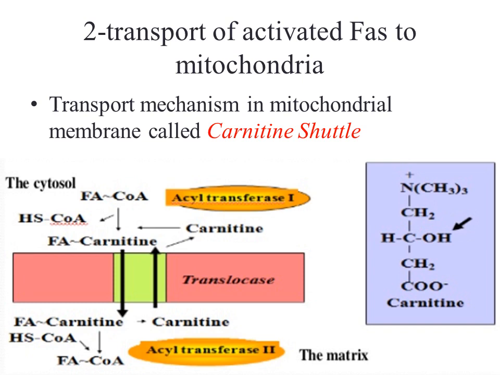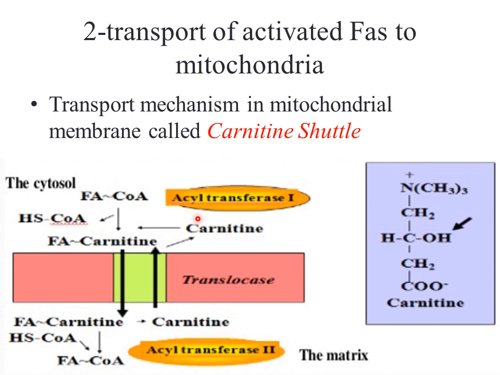After conversion, this molecule gets transported into the inner side of the mitochondria, and this transport occurs through a carrier called carnitine, and this is the structure of carnitine. Here you can see the charge and the components which are present in the carnitine.